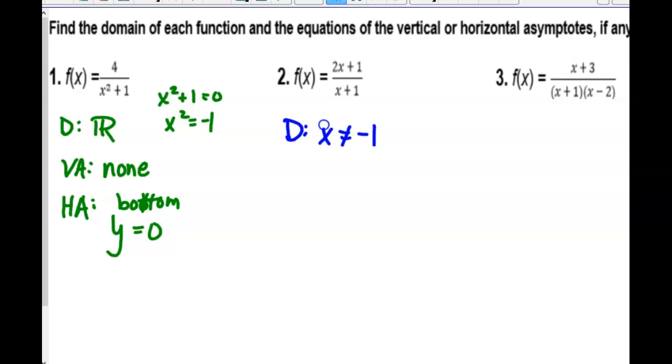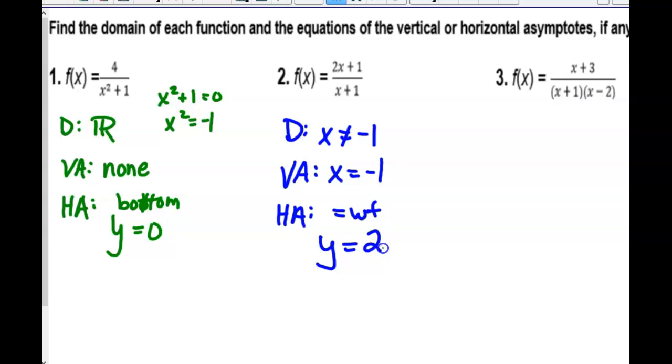X cannot equal -1, but there is a vertical asymptote at x equals -1. Top heavy, bottom heavy, equal weights. So horizontal asymptote, it is equal weight, so it's y equals leading coefficient over leading coefficient, which would be 2. All right, last one, domain restrictions.